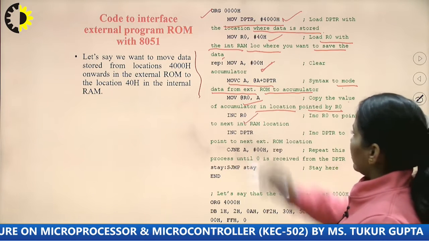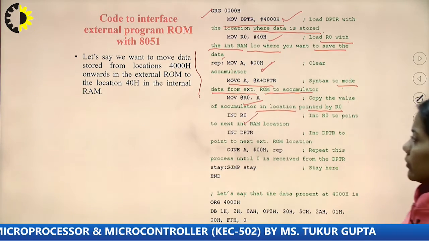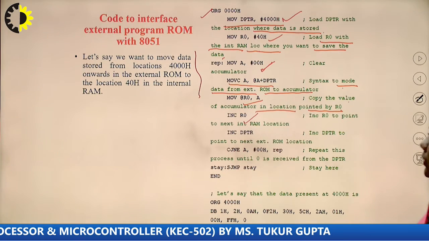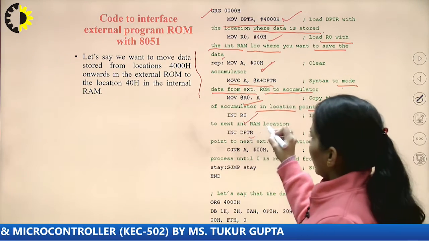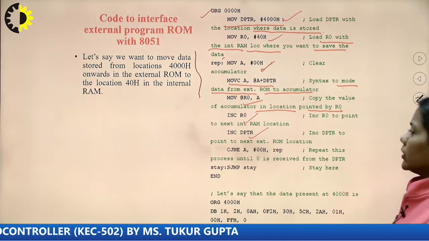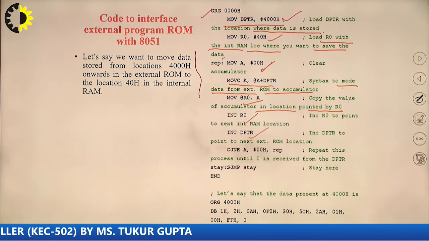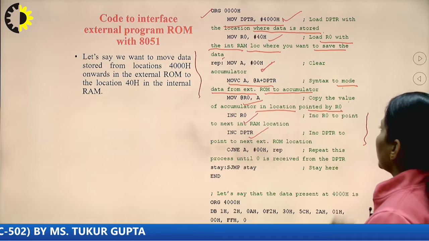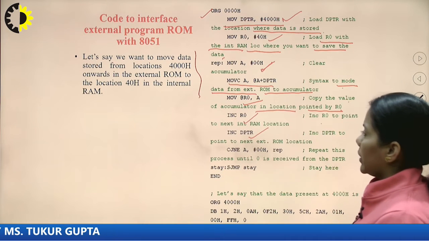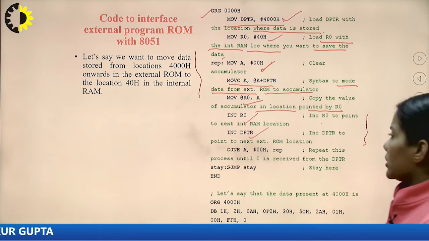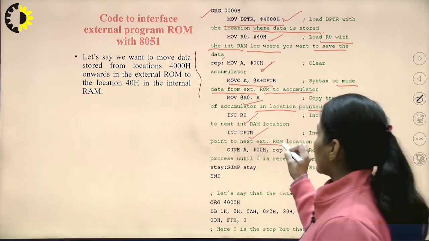Now INC R0 means R0 is incremented. Now DPTR, that is the data pointer, is also incremented. So by using these two statements, we are incrementing the internal RAM location as well as incrementing the external ROM location.